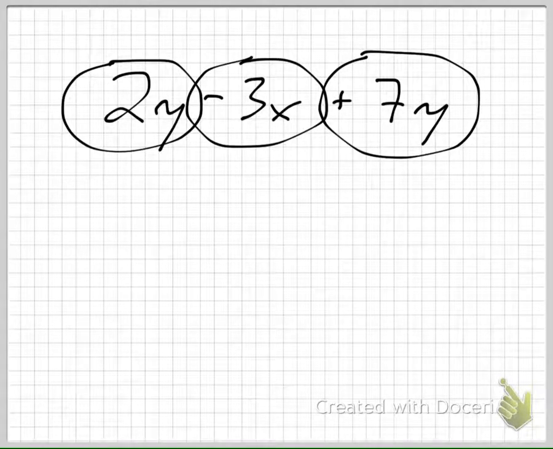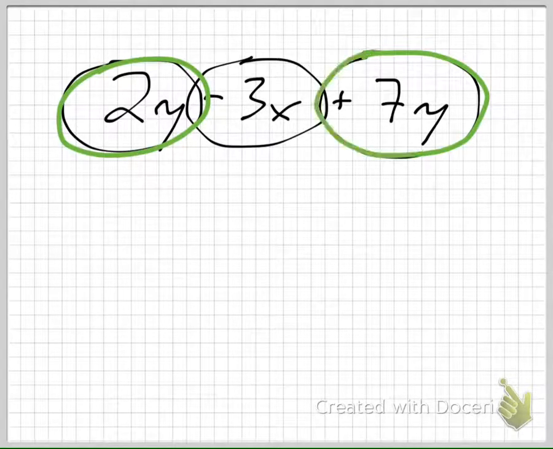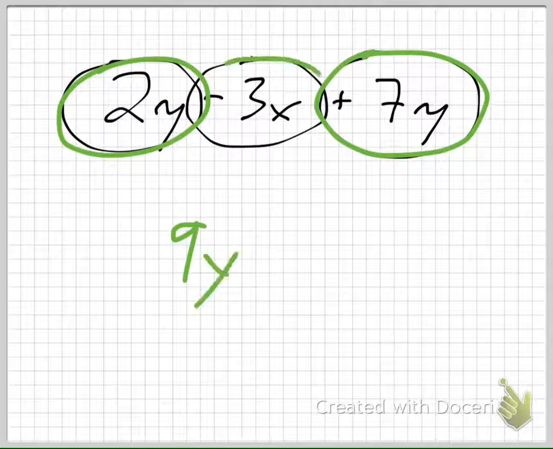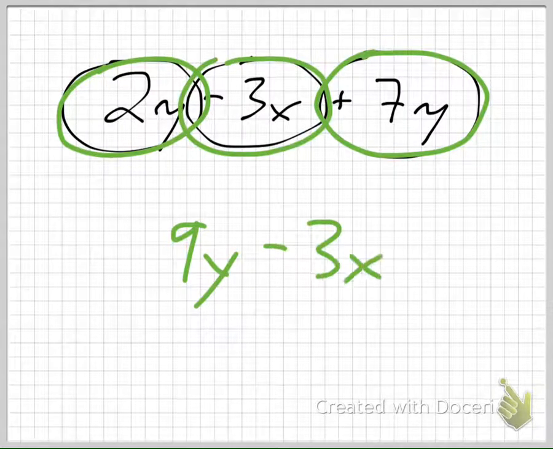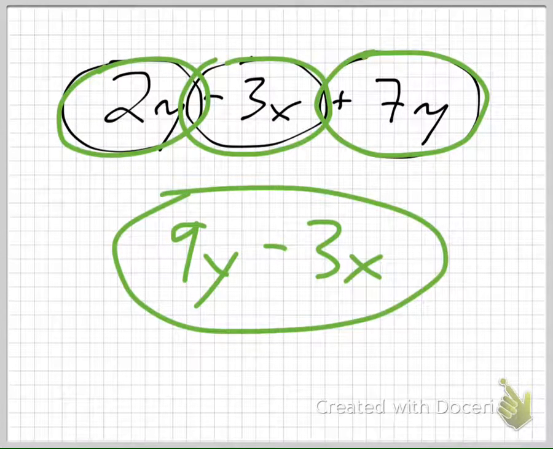Now you're going to combine the ones that have like terms. Like terms means identical. So I can add the 2y and the 7y, which makes 9y, and then I have minus 3x. Can I combine 9y minus 3x? No, they're not like terms, right?